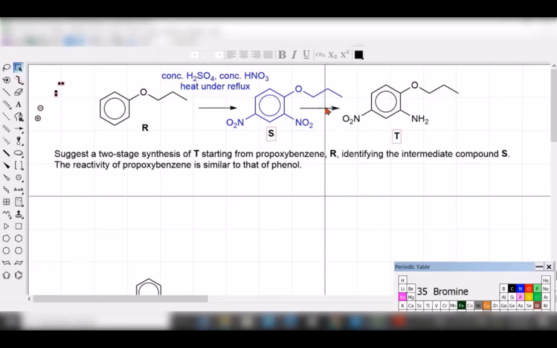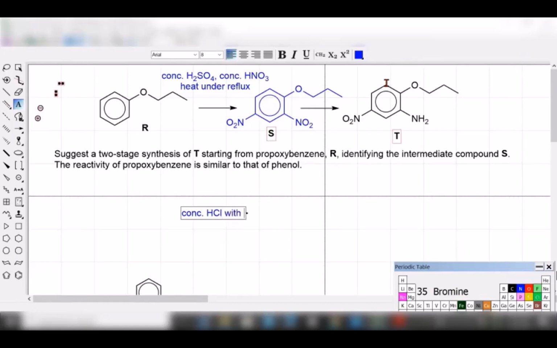Whatever you propose here, it must work, and you only know of one solution. To be honest, you only know one solution. And what is the solution that you're aware of? HCl, I guess, and then with tin, and then again heat under reflux. This is the only condition you're familiar with.